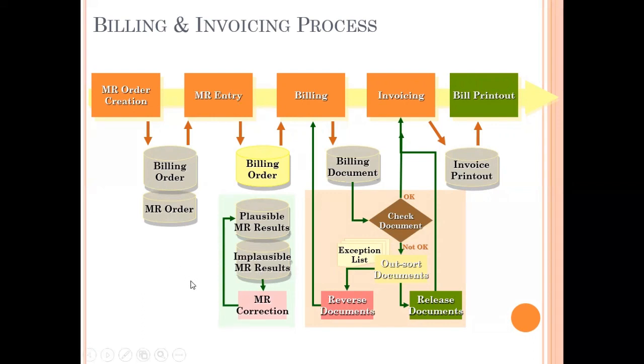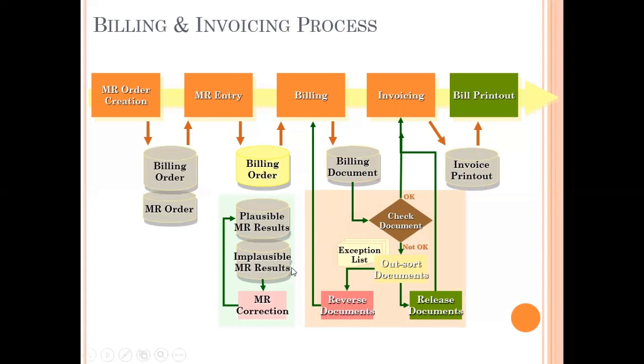The plausible-implausible concept comes with an algorithm actually. If historically that particular person is using some amount of energy and suddenly the consumption increases 2 times, 3 times, it is converted into an implausible meter reading, or if it reduces drastically 2-3 times, then it's also part of implausible meter reading.